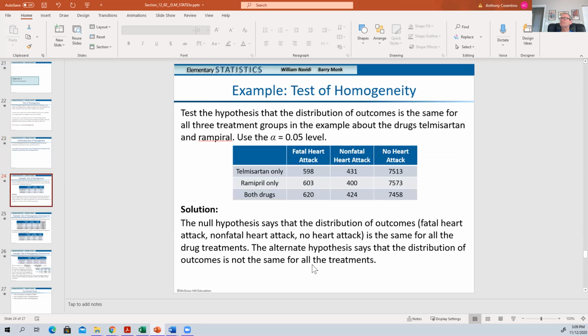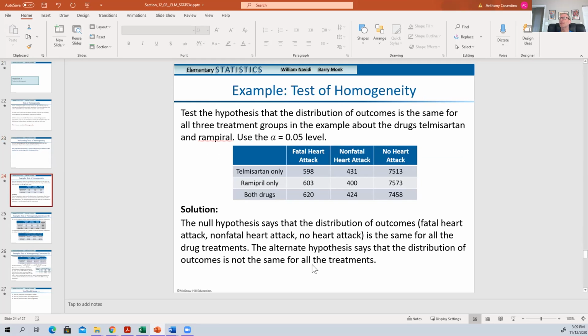This is taking 2 drugs that deal with heart conditions and saying, what if we put these together? Will the 2 drugs work together, work better than each drug separately? So this is quite an interesting type of calculation.